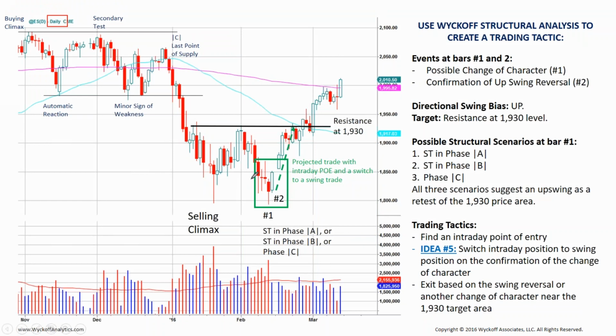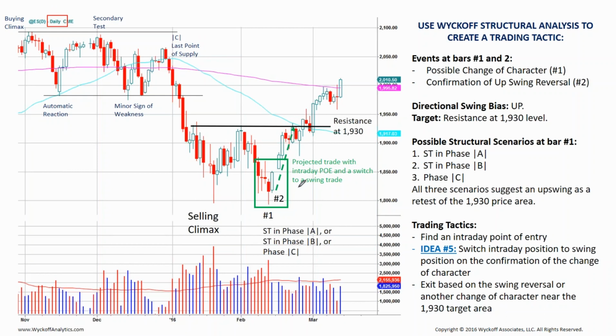Again, if we're thinking here on the daily basis, what is happening in this area relative to this low? If this is a climax, then we're thinking either that's going to be a secondary test in phase A, or secondary test in phase B, or phase C. In all three cases, we are expecting a move to the resistance area.